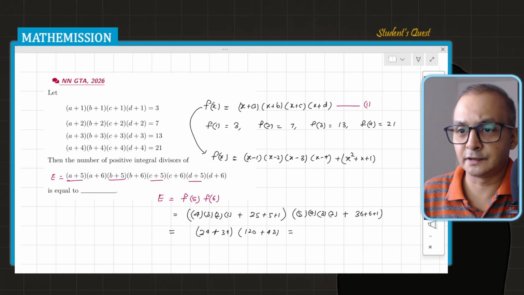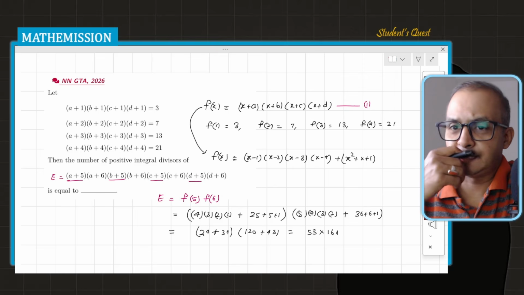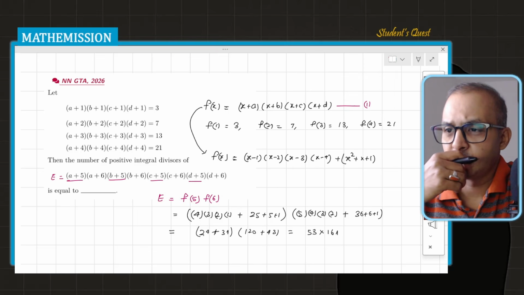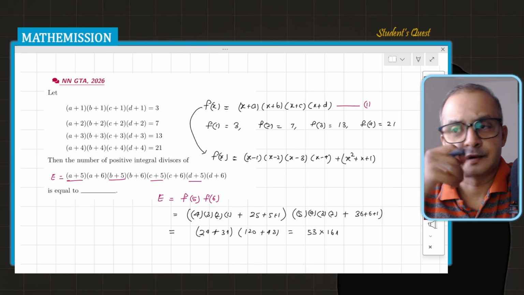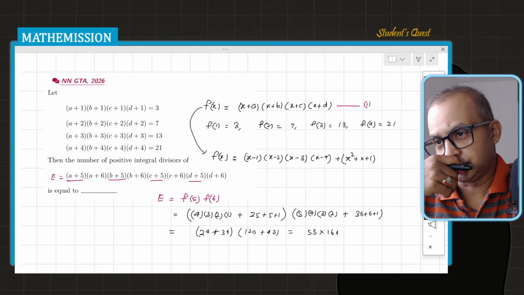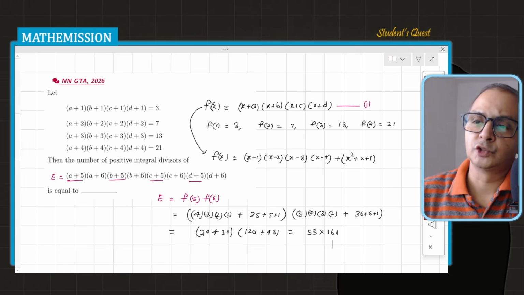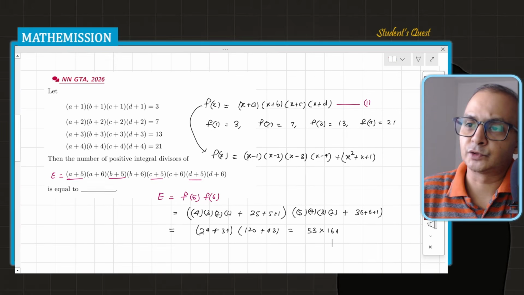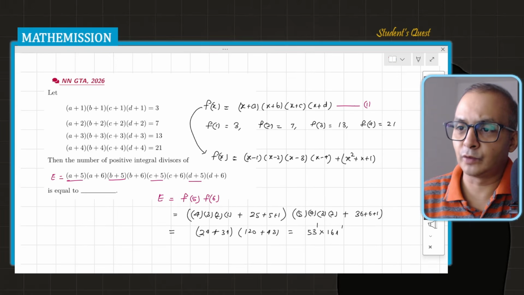So we are getting here 24 times 31 is going to be 744, and this is going to be 120 into 43. Now 53 is a prime number and 161 is also a prime number. I think it's not divided by 6 plus 2, 8. No. So these two are prime numbers. So we have the power 1 and 1.